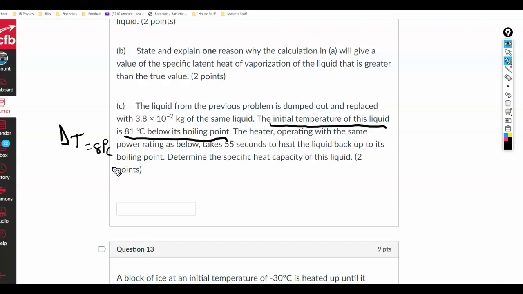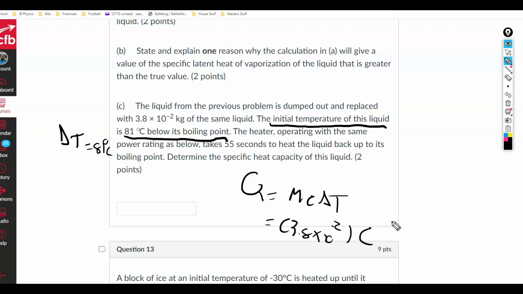Think about that for a second. It doesn't say that the temperature is 81 degrees Celsius. It says it's 81 degrees Celsius below its boiling point. That means the delta T is going to be 81. And so Q is going to be mc delta T. We have the mass.